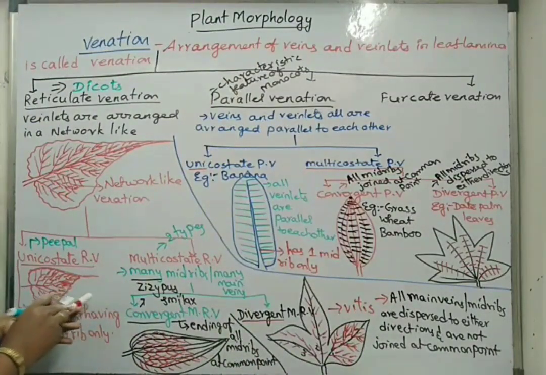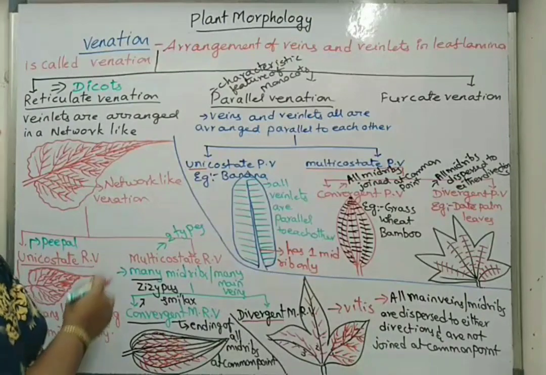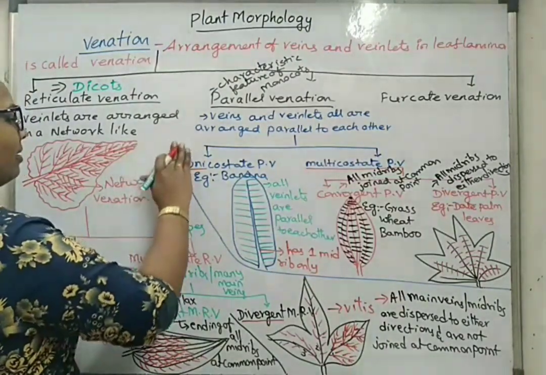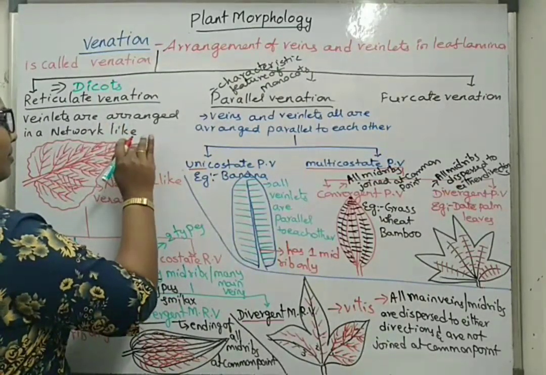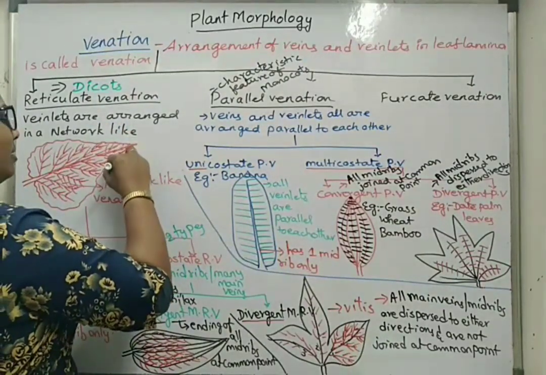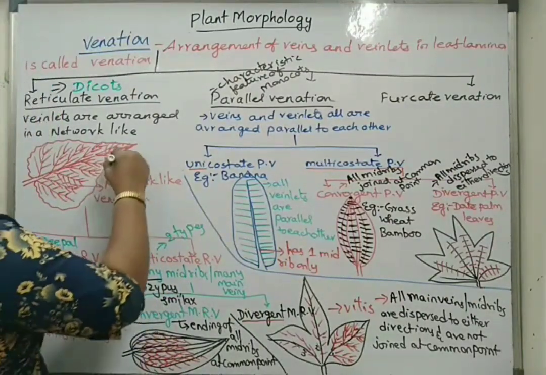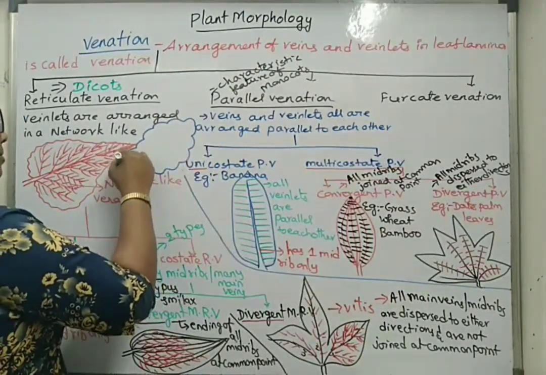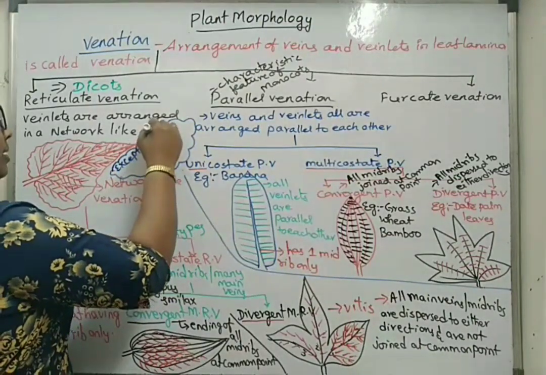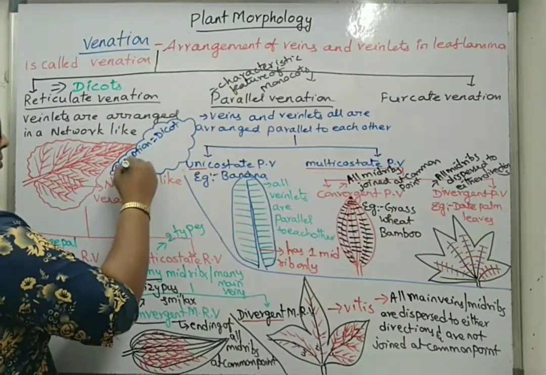So we will write the exceptions here. Exception is dicot with parallel venation.